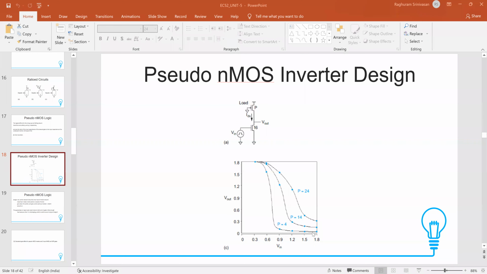It's almost going down to ground, and the output level is the perfect value VDD. But for P equal to 24, this is not acceptable. When the input is high, the output is at 0.3 volts. That is how we have to design these circuits.